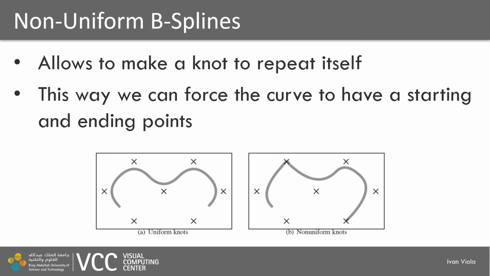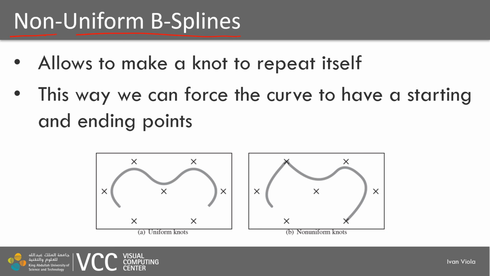So far, we have been covering only the so-called uniform B-splines, which have their nodes equally distant from each other in the interval of our parameter. But then we can also have a definition of non-uniform B-splines, meaning that the nodes are not equally distant from each other, and sometimes the nodes are even overlapping, so they are associated with the same control point.